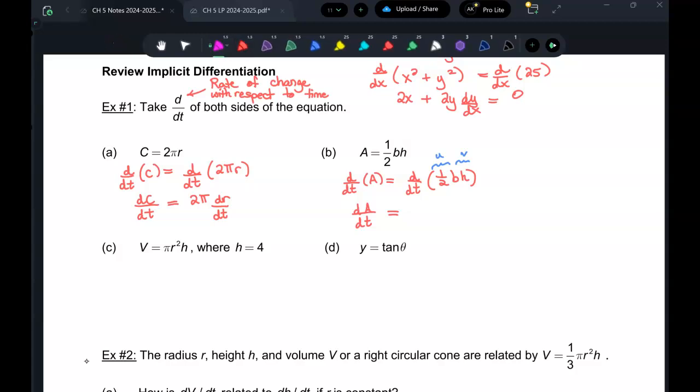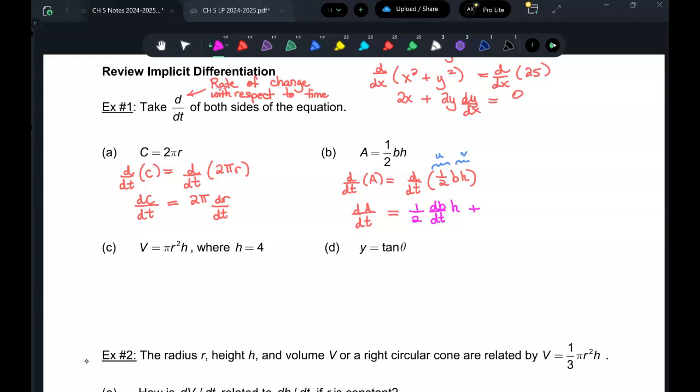The derivative of 1/2 b will be 1/2 db dt times h, plus, h is not a constant, so plus 1/2 b times dh dt.